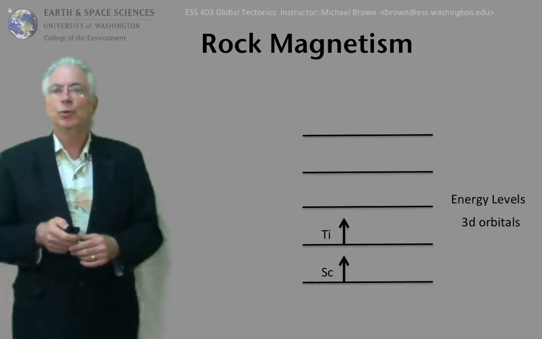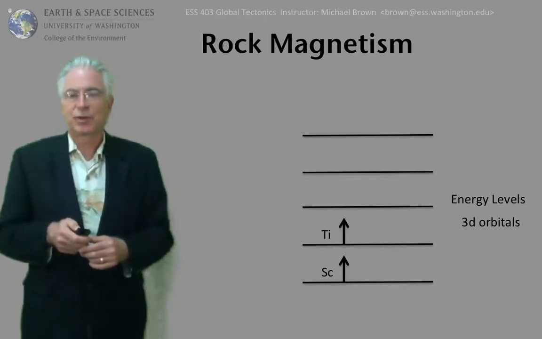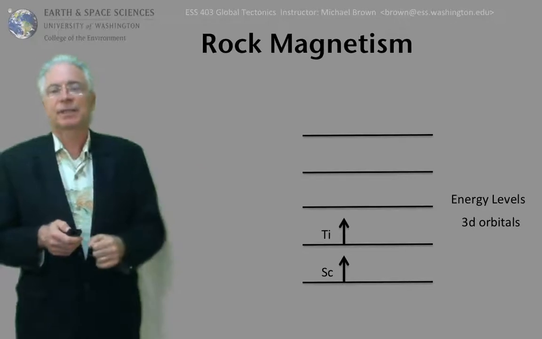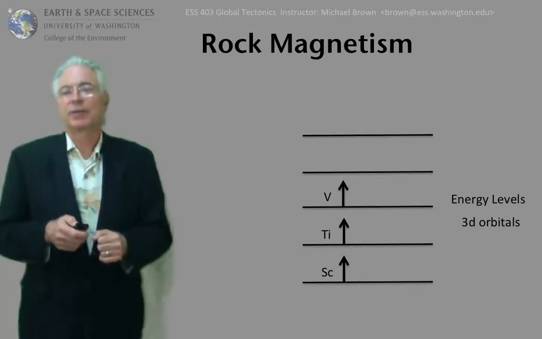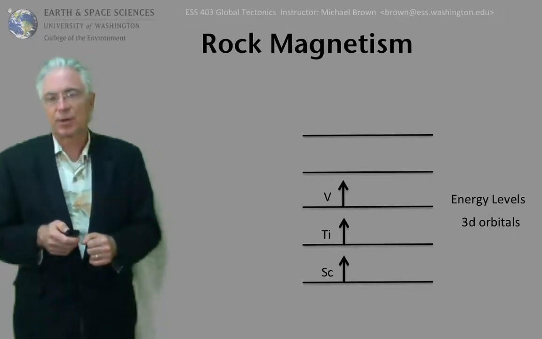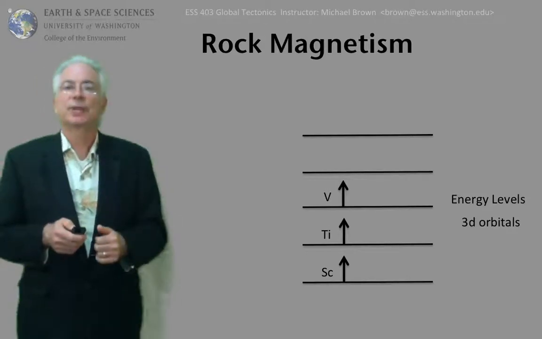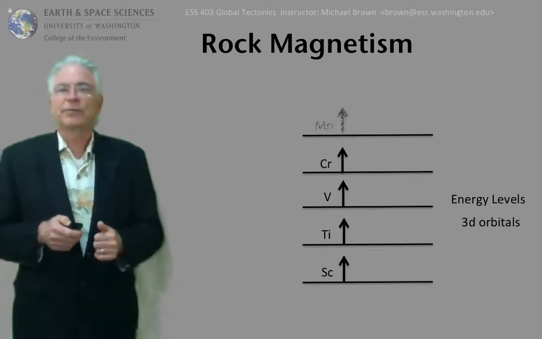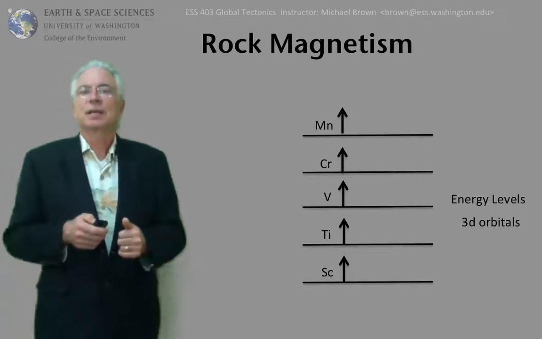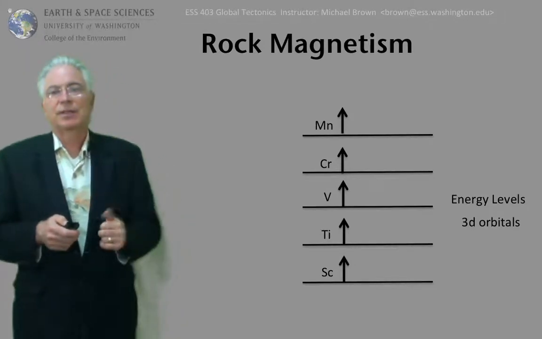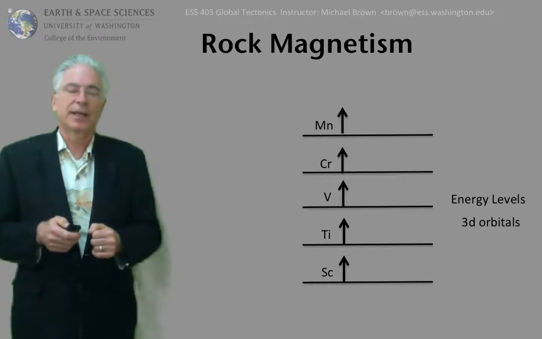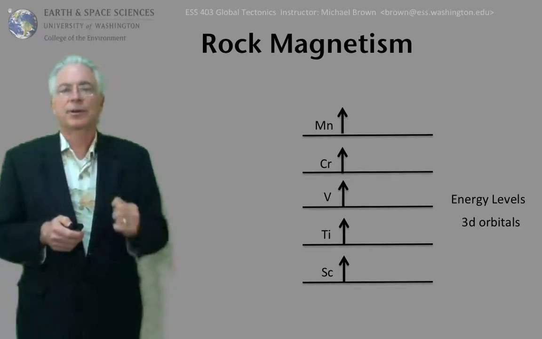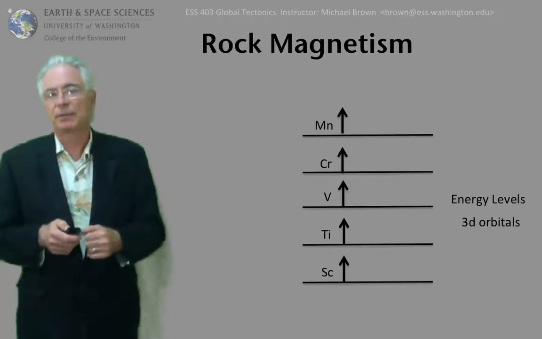Titanium has 2 d electrons, and so it has 1 in the lowest level and 1 in the next level up. Then we go to vanadium with 3 d electrons, and we go up again to the next orbital level. Chromium then 1 level more, and finally manganese tops the scale here, and we have filled each of the d orbitals with one electron, each in the same spin-up direction.